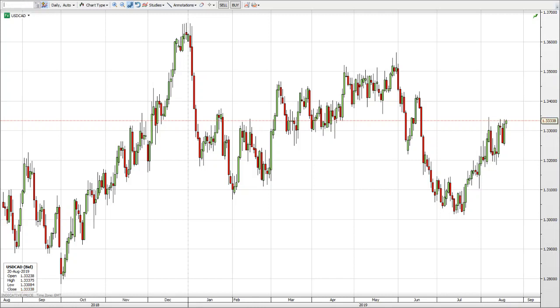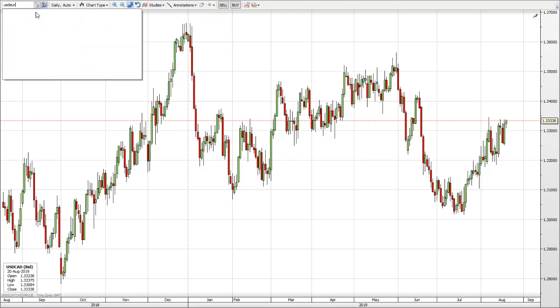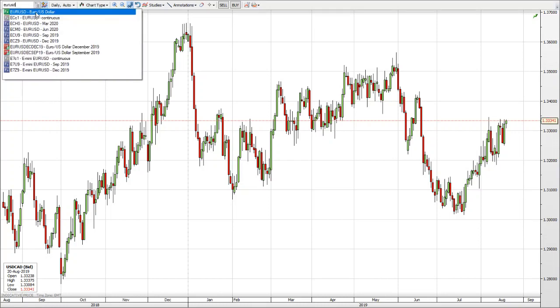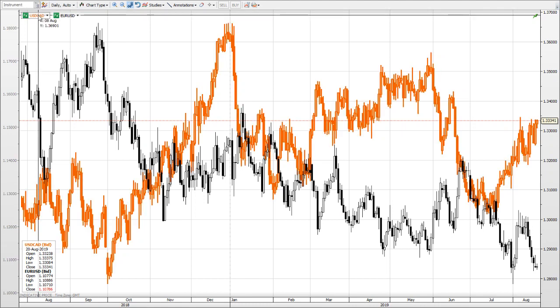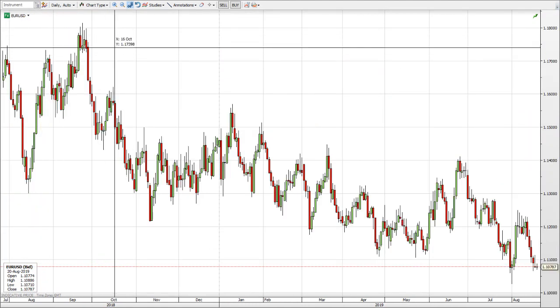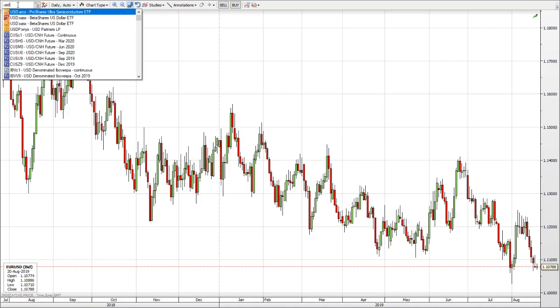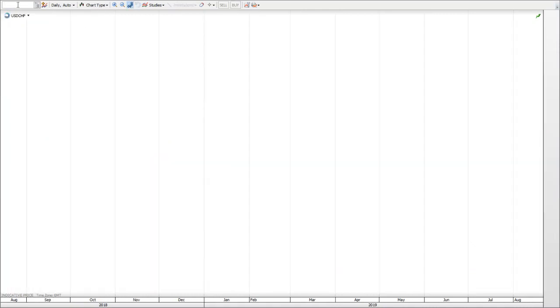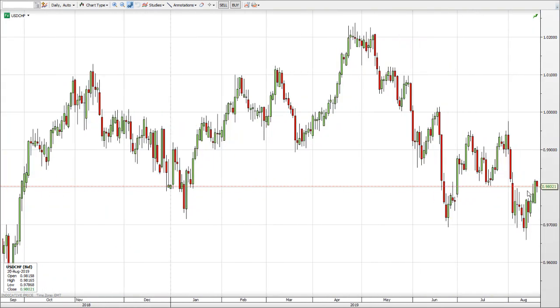The US dollar has been fairly weak, I would say. Looking at the US dollar against the euro, it's showing a bit of strength. Against the Swiss franc, a bit of weakness today.